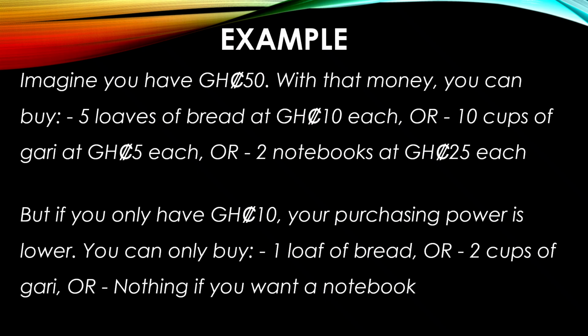But if you have only 10 Ghana cedis, your purchasing power is lower. You can only buy 1 loaf of bread or 2 cups of gari, or nothing if you want a notebook.